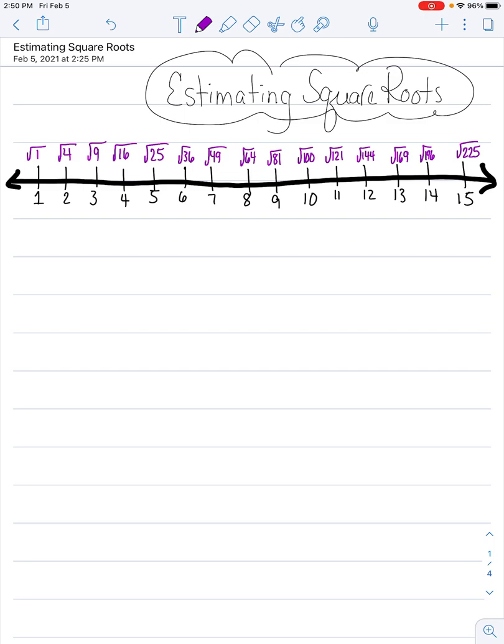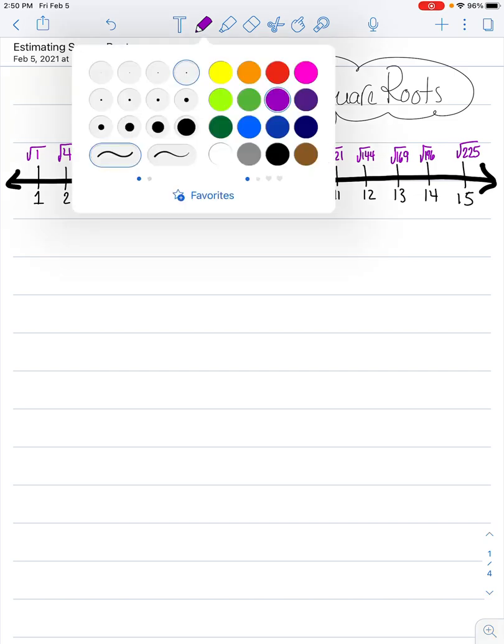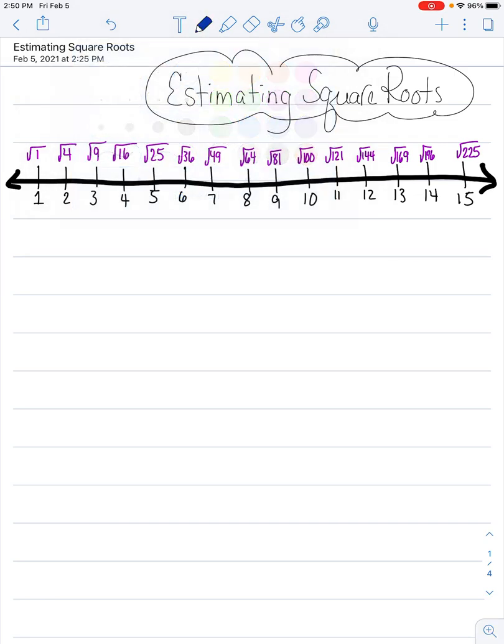Now let's talk about how we're going to use this. What if, and I'm going to choose a different color, let me do the light blue. What if I had this? And I said, estimate the square root of 40. Matter of fact, let me do it in purple, the same color as what I've written those square roots in. So let's estimate the square root of 40.